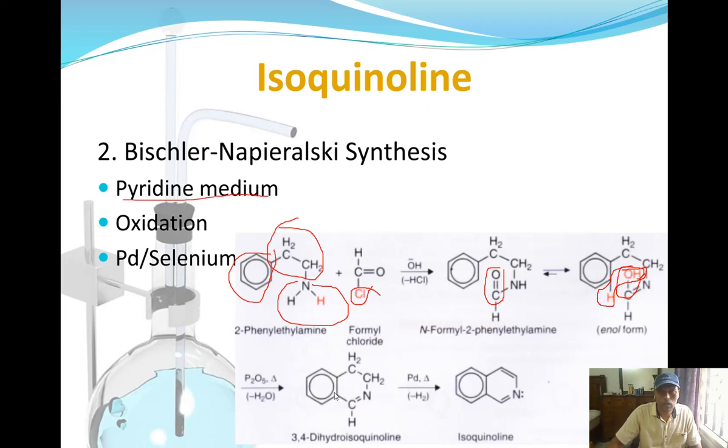Now dehydrogenation is going to take place in the presence of palladium, and you're going to get isoquinoline as the product. So this is the second method of preparation.